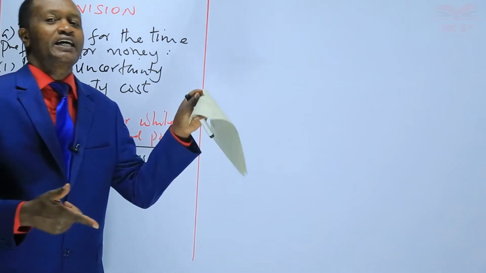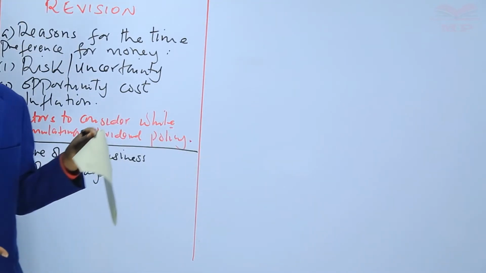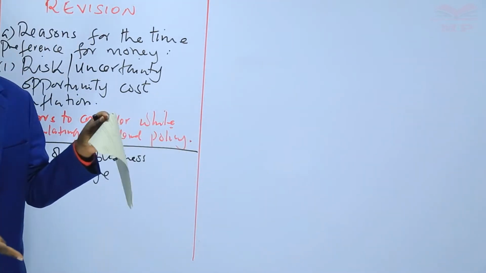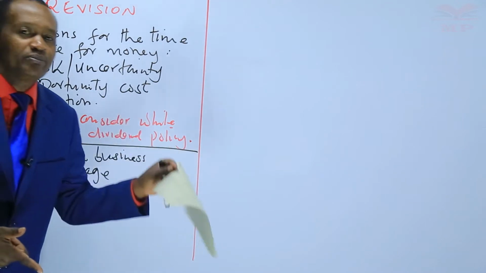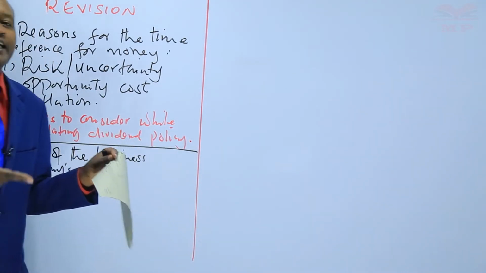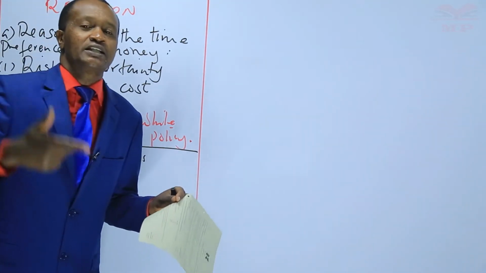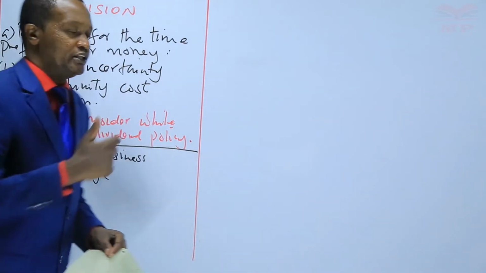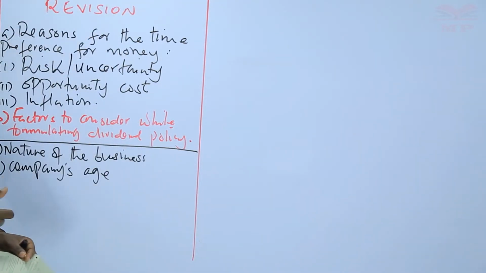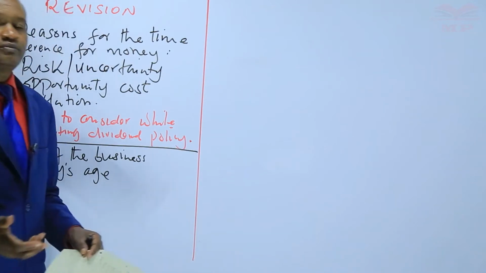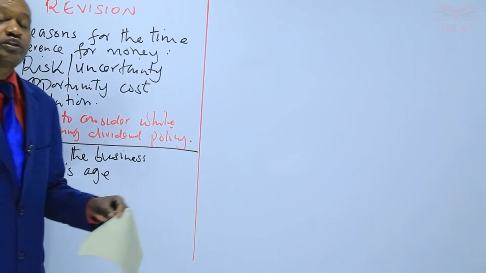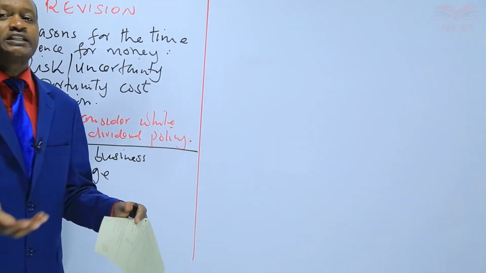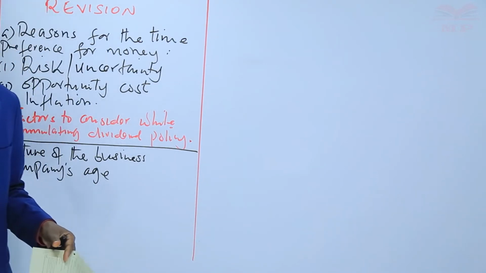Whereas an existing company, a company that has been existing for a long time with a good track record and name, can formulate a clear-cut and more consistent dividend policy. A mature firm may not require retained earnings because it's stable. Okay?